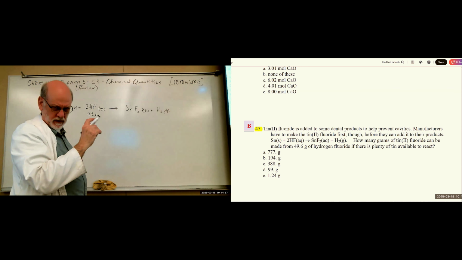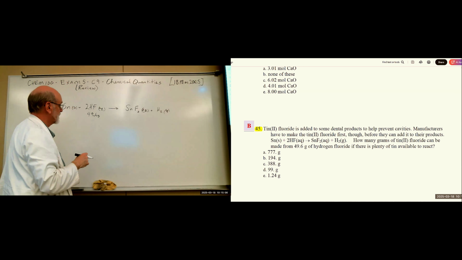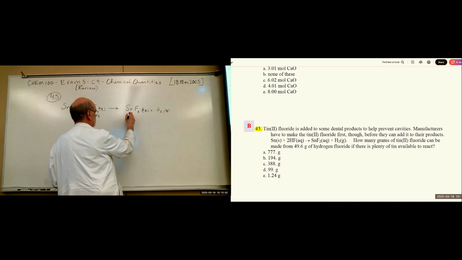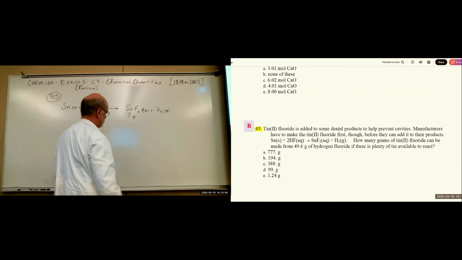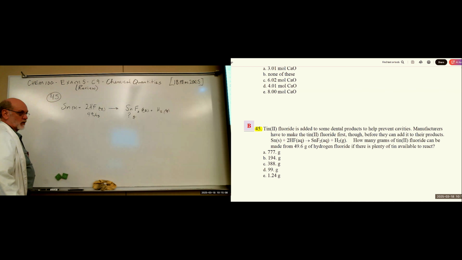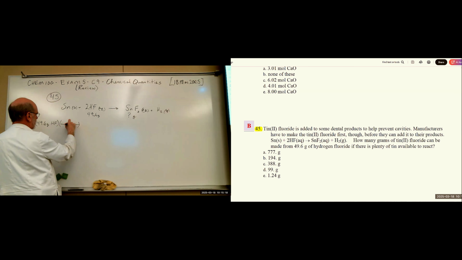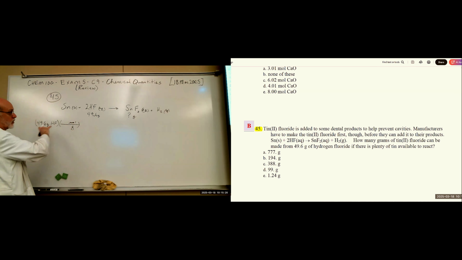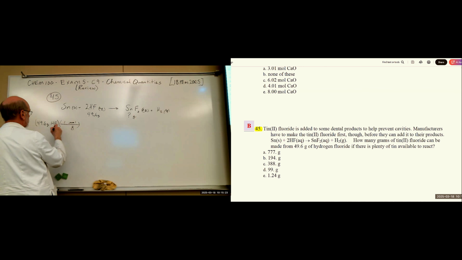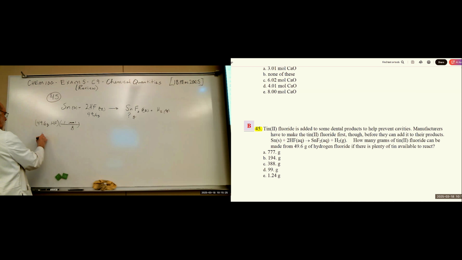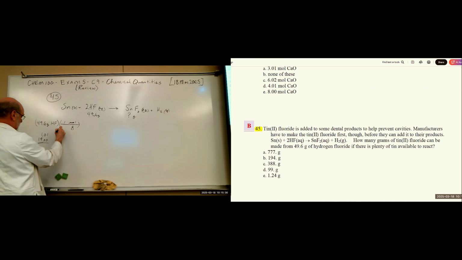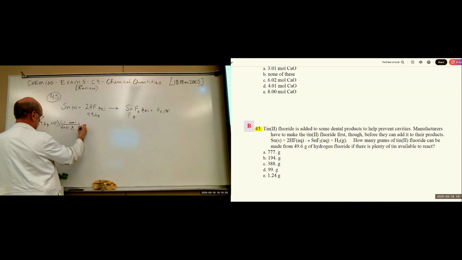How many grams of this are produced? So we need the molar mass of hydrogen fluoride in order to convert grams to moles. Remember, because you can't go anywhere with mass, you have to have moles. HF is 1.01 and 19, so that's 20.01 grams.